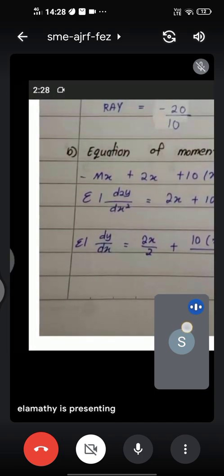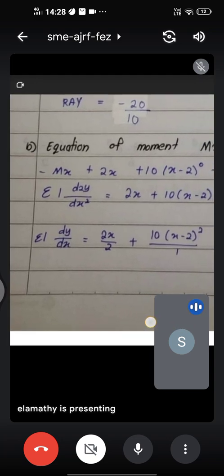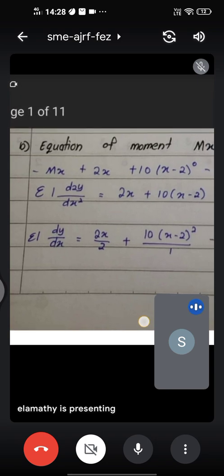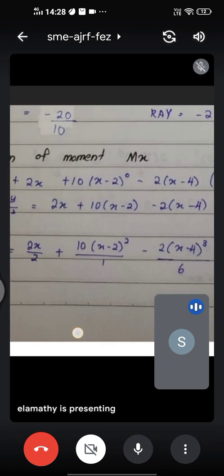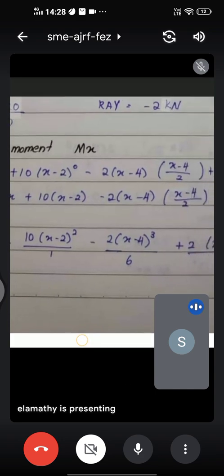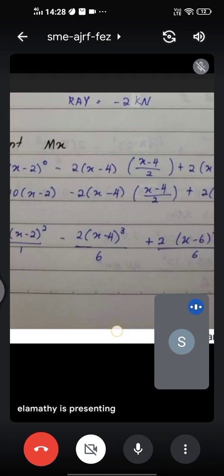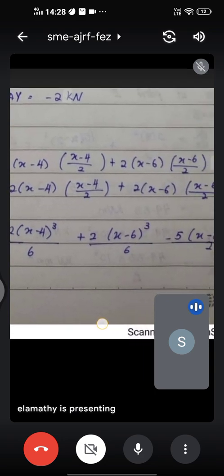And the next step will be E I d2y over dx to the power of 2 equals 2x plus 10 open bracket x minus 2 close bracket minus 2 open bracket x minus 4 close bracket.